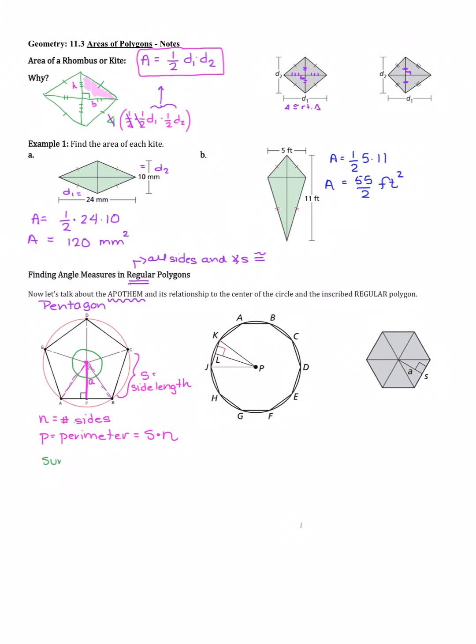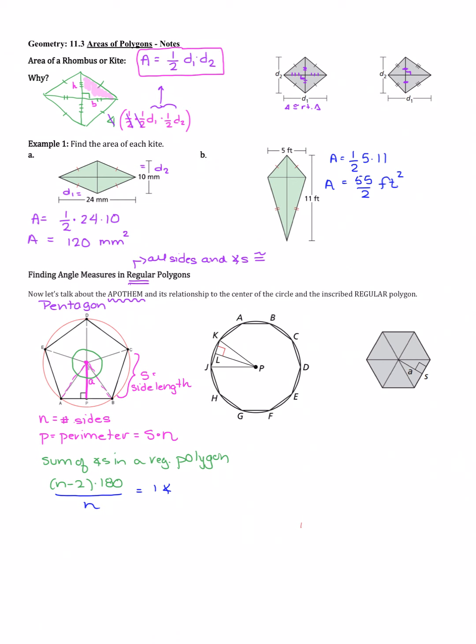Remember that the sum of the angles in a regular polygon has the formula n minus 2 times 180. And if we wanted to find just one of the angles, we would divide by n. So that would equal just one angle.